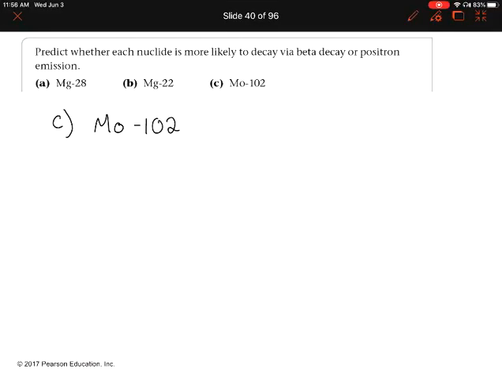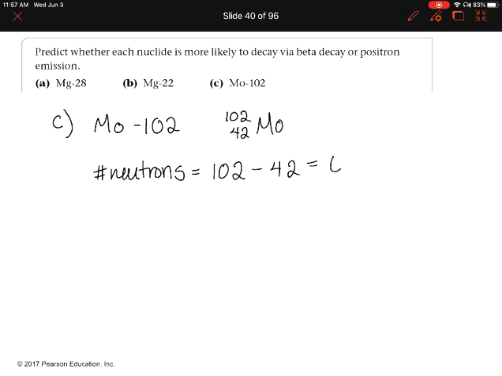Okay, so we can rewrite our isotopic notation here. Remember, we want to determine the number of neutrons and then compare that to the number of protons. The number of neutrons is the mass number minus the atomic number, so 102 minus 42, and that will give us 60 neutrons.